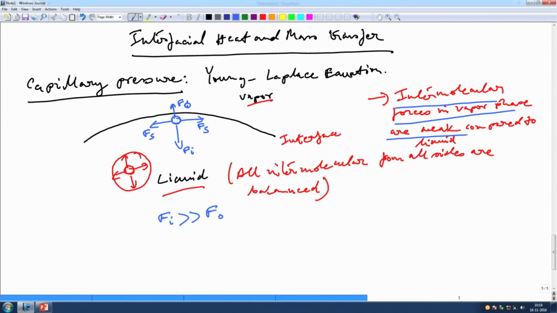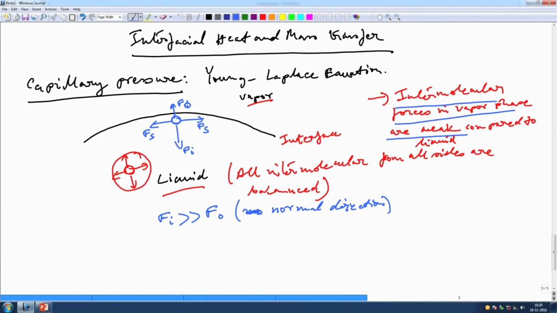So this is nothing but the force in the normal direction. The tangential direction is still balanced.